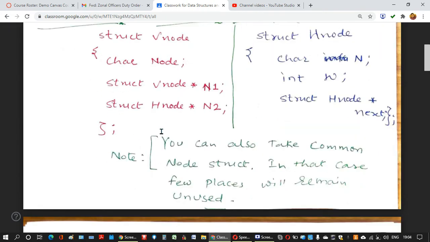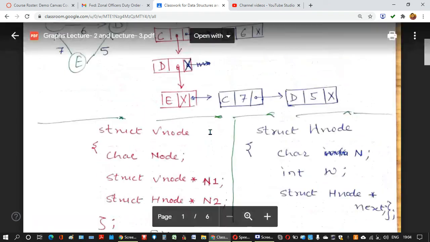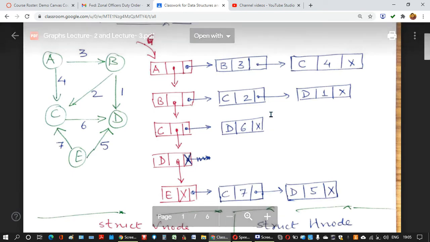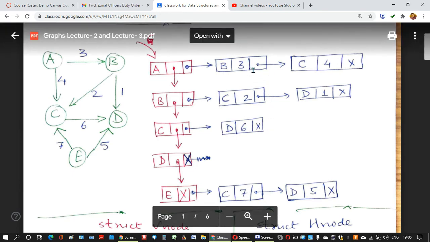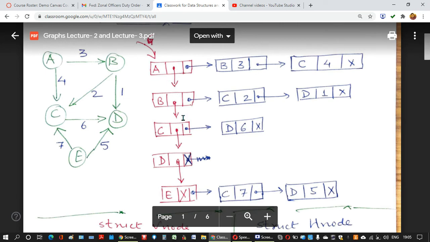Now please remember that this arrangement can be changed. You may take the same node structure and then you can put null in the pointer which is reserved for vertical lists. So here this vertical pointer is used, and if you put that here also, you will put null in them because the vertical pointer is not used in that case.